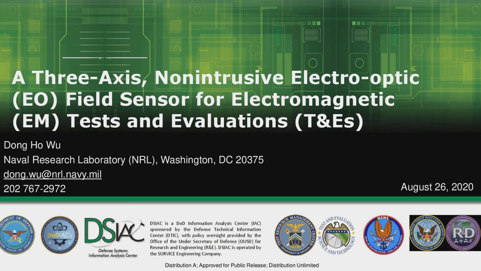But again, as an introduction to us as an organization, DSIAC, we're the Defense Systems Information Analysis Center. We are a DoD entity that is organizationally under DTIC, the Defense Technical Information Center. I like to describe DTIC as the DoD's digital library. Any and all technical publications produced at least in part by DoD government funding should be in DTIC's library.